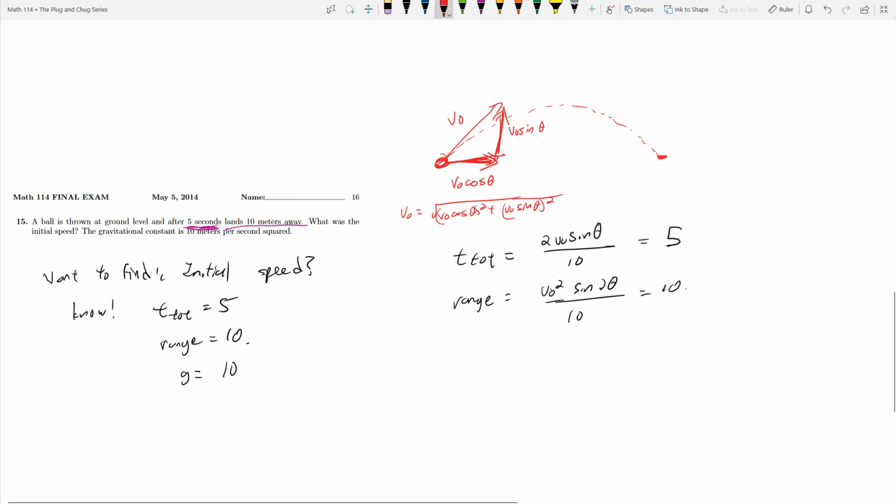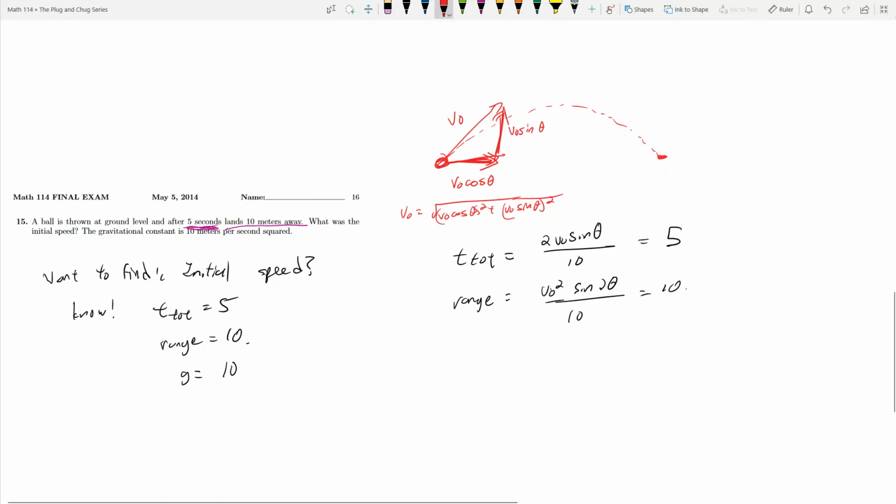And that makes sense because if you actually work this out, you get v naught squared cosine squared theta plus v naught squared sine squared theta. You can factor out the v naught squared. You get cosine squared theta plus sine squared theta, which equals 1, and then you take the square root of the remaining guy, which is v naught, right? So this is actually a true statement right here.